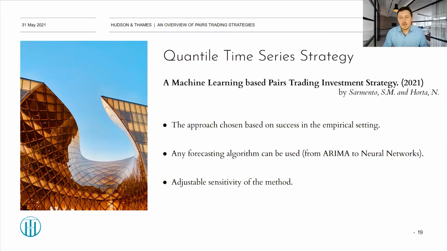First, you need any forecasting algorithm: you can use a Kalman filter, ARIMA, and anything up to neural networks or more advanced methods. Then you check the difference between the forecasted value and the real value, and based on which quantile this value falls into, you generate a trading signal. Sensitivity in this method can be changed by changing the quantile at which you decide to generate a trading signal.